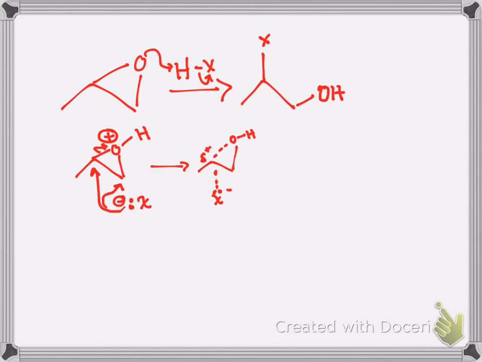Now, it could happen on either side. It could break on this side or on this side. But when it breaks on this side, because this carbon has more substituents on it, that positive charge is more stabilized. So we have these two pathways.